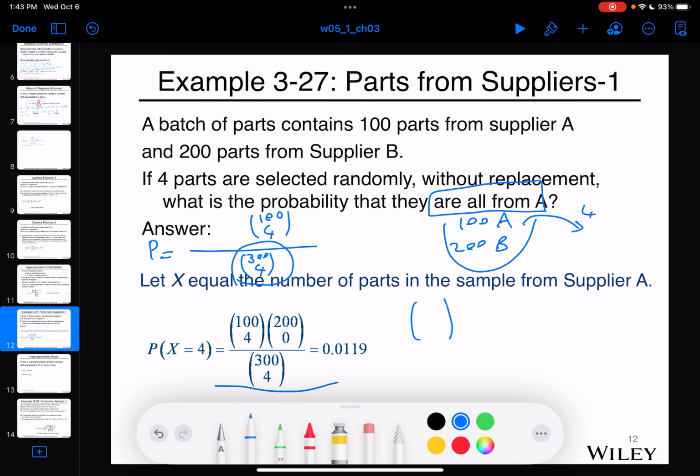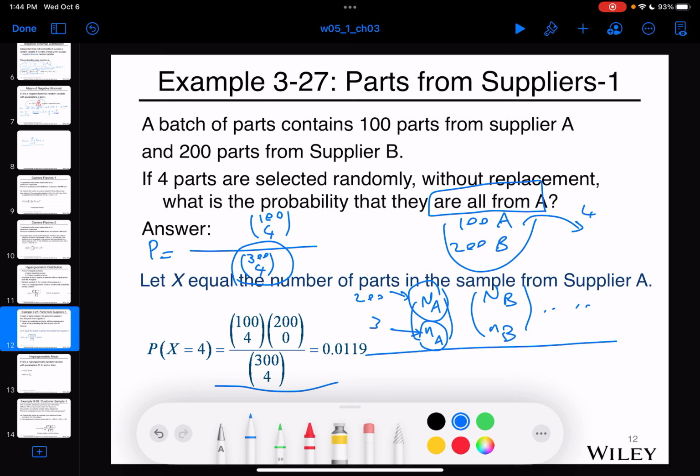So we write here the number of ways from supplier 1, so small NA from capital NA. NA is the total number of parts from supplier A, and small NA is, for example, 3 from supplier A that we want. And this can go on for as many suppliers as we have: NB from NB and so forth.